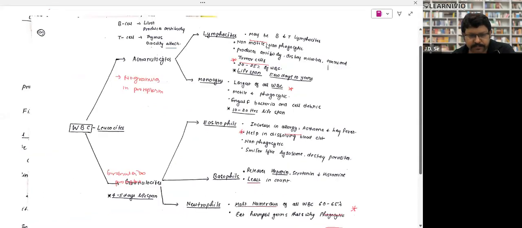Do you have this chart? Types of WBC. Very important for your NEET examination. Aisha, do you have this information?